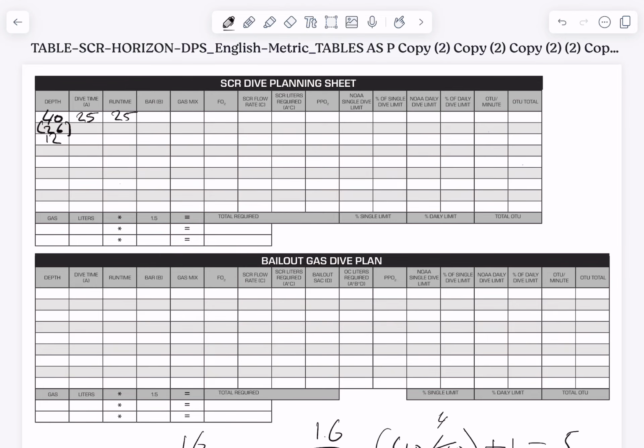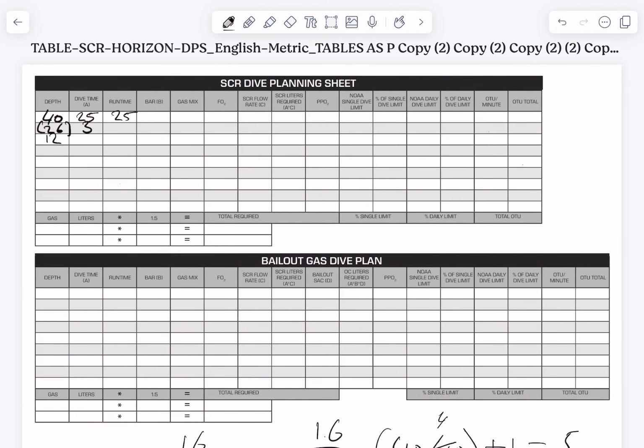Well, based on our ascent rate, which is 9 meters per minute, 10 for easy calculation, I can figure out how long it takes me to go to 12 meters. So we start at 40, then 1 minute to 30, 1 minute to 20, and 1 minute to 10. So give or take, it's going to take me 3 minutes to reach 12 meters.